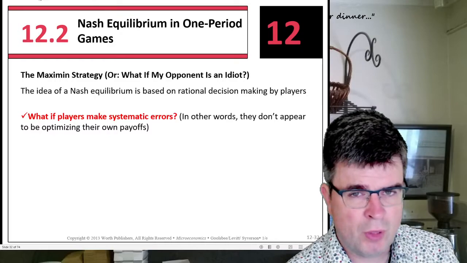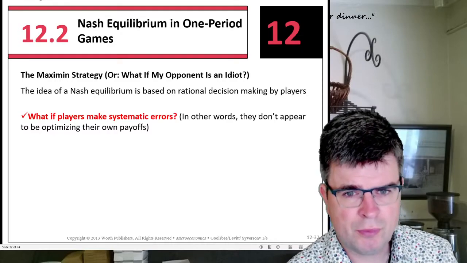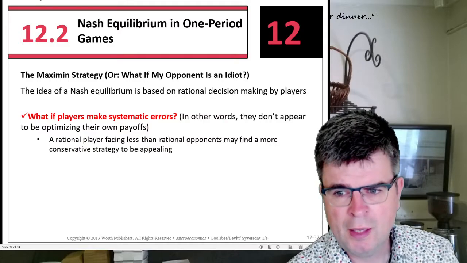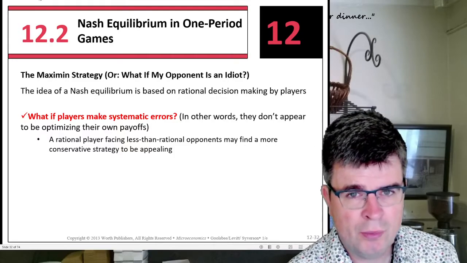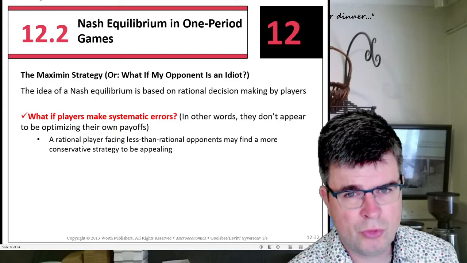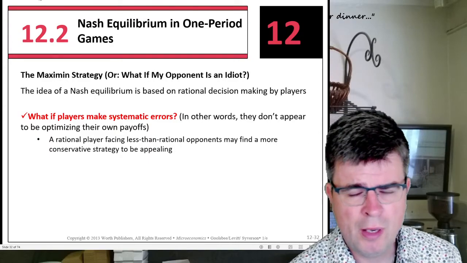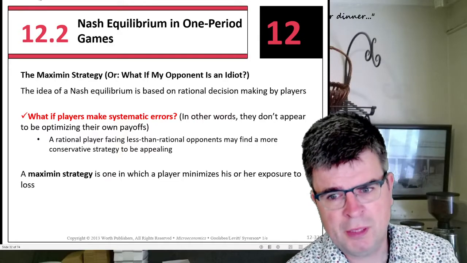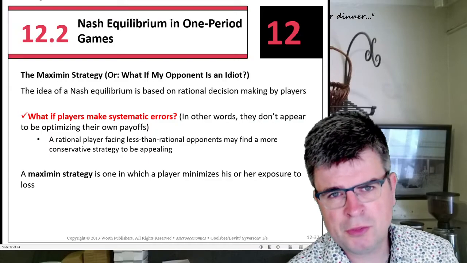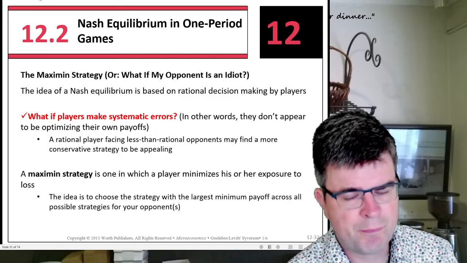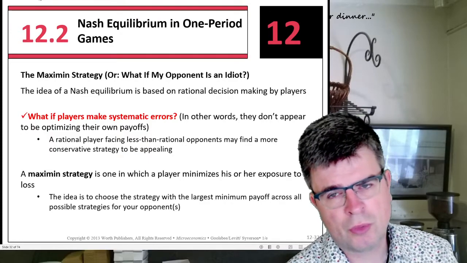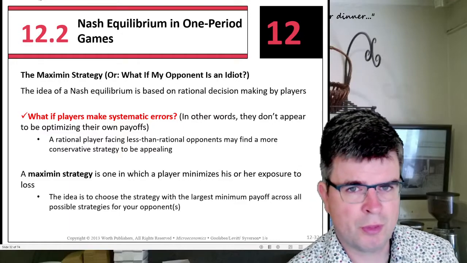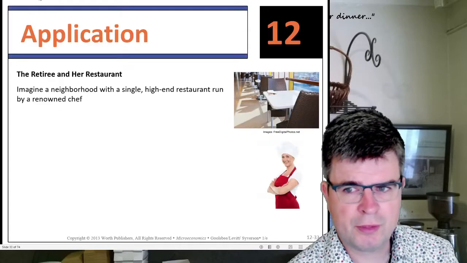If other players may make systematic errors, so they don't appear to maximize their payoffs, in that situation, if you have that suspicion, then you may rely on another strategy. You want to limit the harm that the opponent can do to you, and you may apply something that is called a maximin strategy. So you want to minimize your exposure to the potential loss. If you apply a maximin strategy, you choose the strategy that gives you the largest minimum payoff across all possible strategies of your opponent. And we will run through an example.